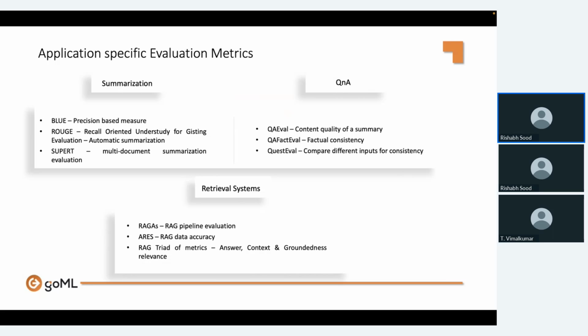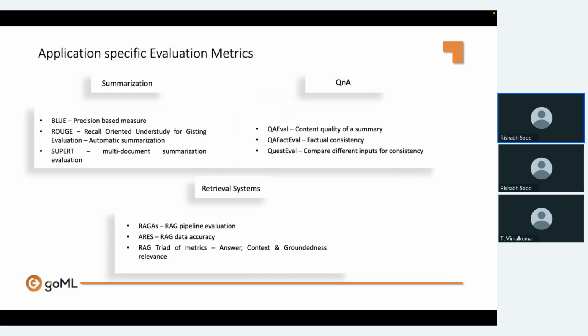So we use this particular benchmark to check the factual consistency of the models. And finally, QuestEval, which compares inputs from different perspectives to check whether the model is able to generate consistent outcomes. Because when you look at direct answers to queries, they need to be consistent, right?